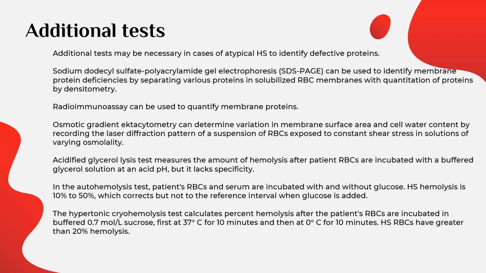The hypertonic cryohemolysis test calculates percent hemolysis after the patient's RBCs are incubated in buffered 0.7 moles per liter sucrose, first at 37 degrees Celsius for 10 minutes and then at 0 degrees Celsius for 10 minutes. Hereditary spherocytosis RBCs have greater than 20% hemolysis.